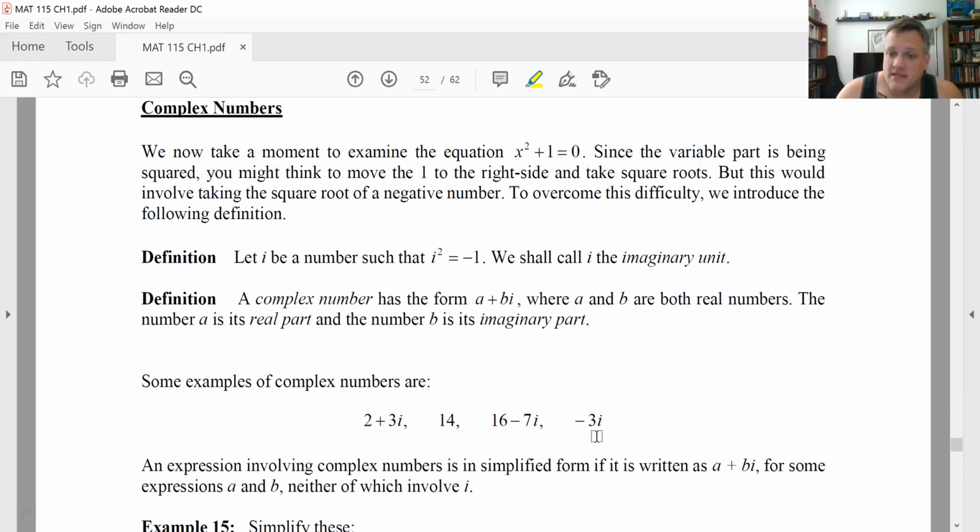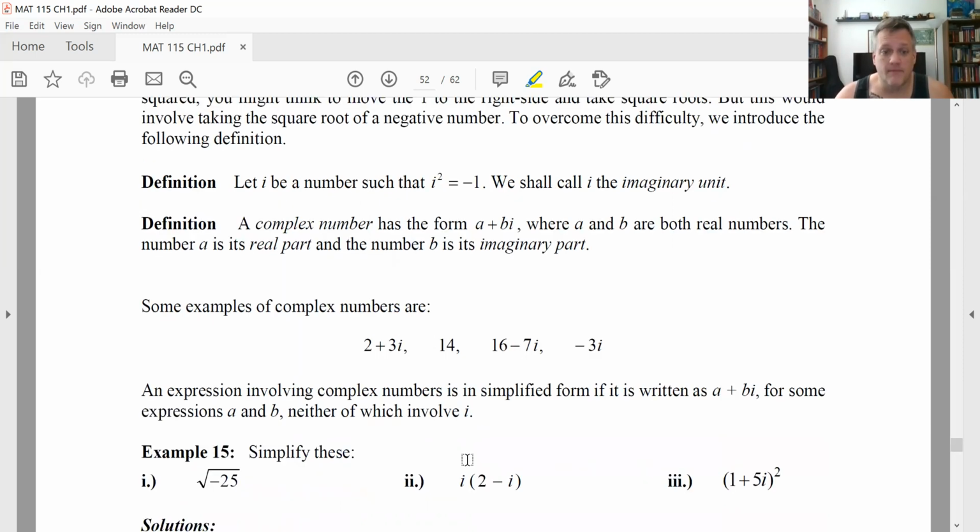And this guy is called purely imaginary because there's no real part. The a is 0. All right, so the question now really is, how do you simplify, or how do you work arithmetically with complex numbers? And the answer is, well, no different than you did with radicals, because you can think of i as radical -1, technically. And so every rule that we just talked about applies in this setting.